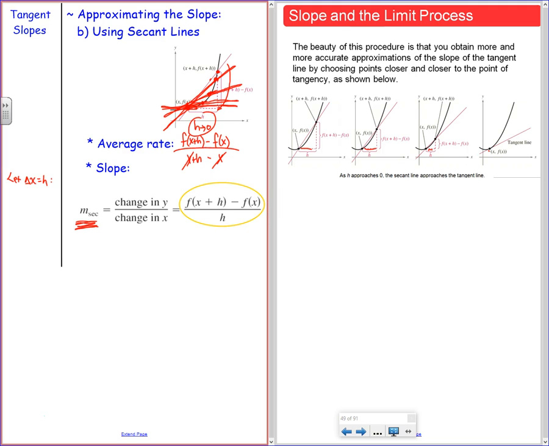So what this is showing is, as that h diminishes, as my points get closer together, I'm going to keep on converging or approaching the tangent line.